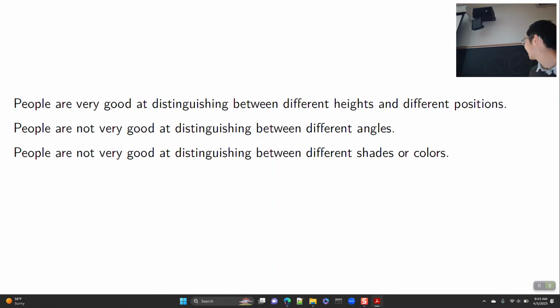I don't think they're exactly the same, but it's difficult to tell these kinds of angles apart. So our eyes aren't very good at angles, okay? And our eyes aren't really great at distinguishing different shades if they're not next to each other, okay?